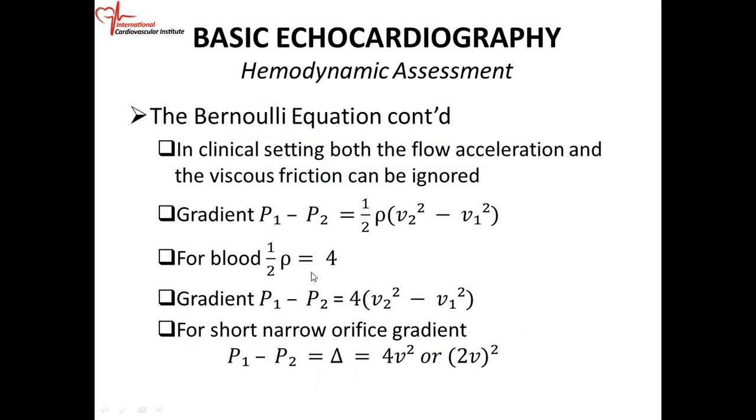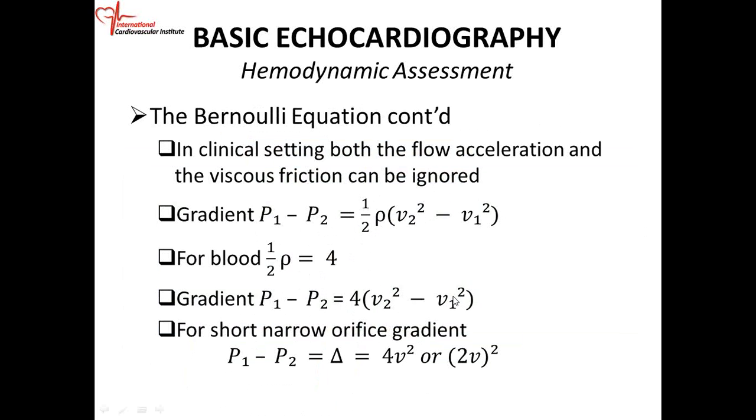And then what we know for blood, half of rho, that's the mass density of blood, half rho is equal to 4. So when we plug that into the equation, the gradient, which is the pressure difference at point 1 and point 2, is equal to 4 times the square of the velocity at point 2 minus the square of the velocity at point 1.